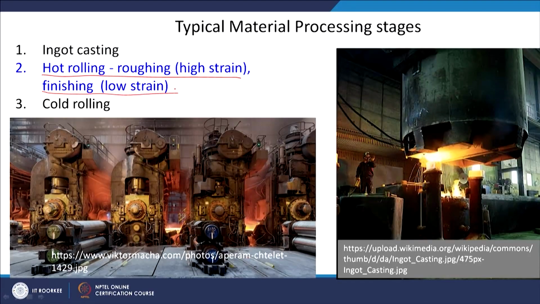And then you go further to what we call finishing processes, where you apply lower strain, and usually finishing operations are done at lower temperatures, so that you can get good surface finish, and also the dimensional tolerance will be much better.